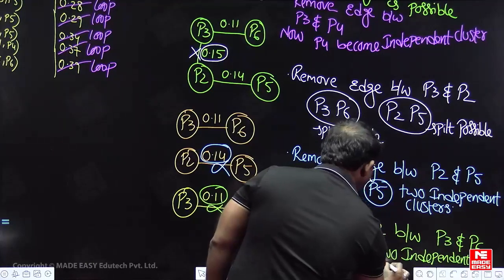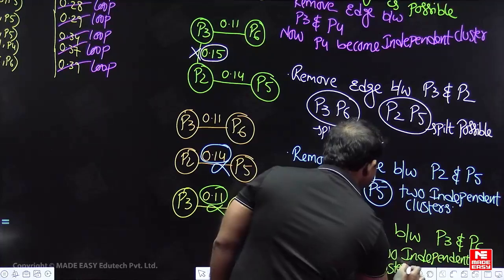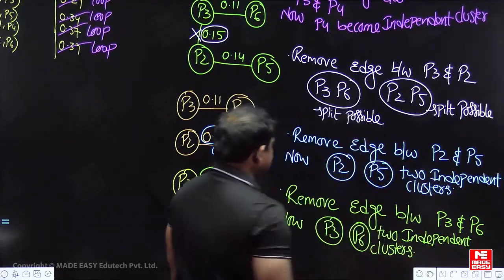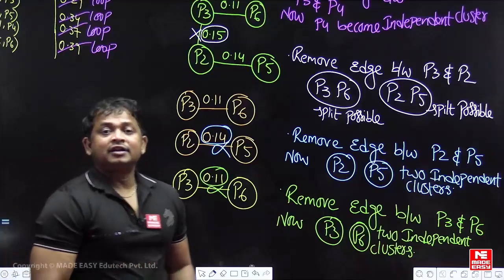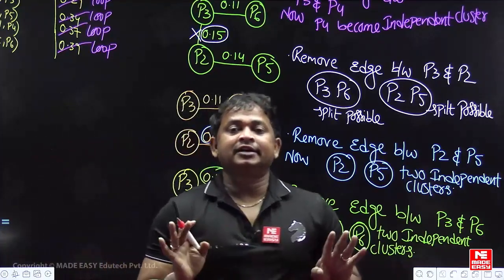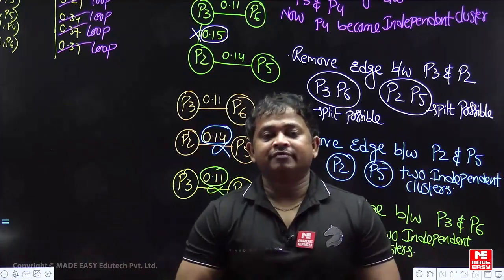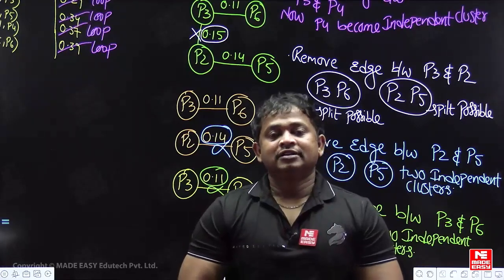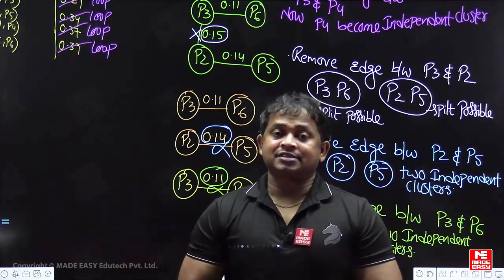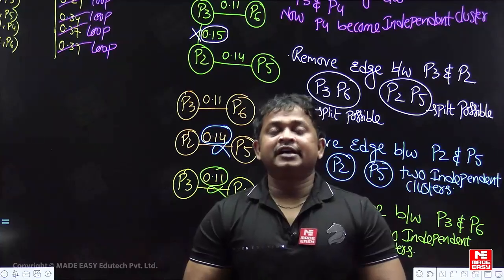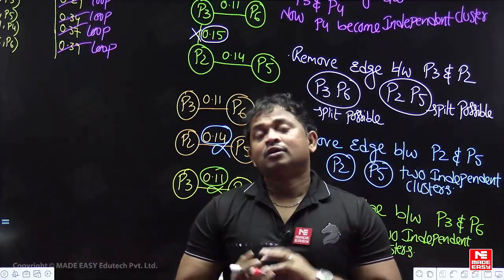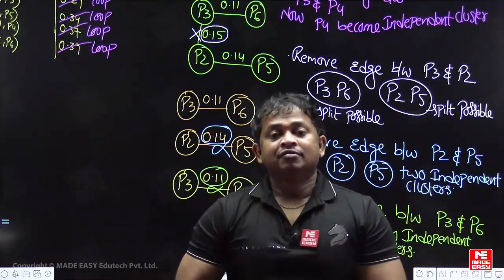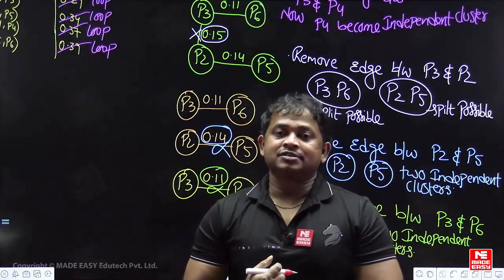When we have all independent clusters, then we can stop the process. In the total minimum spanning tree, all edges are removed. When all edges are removed, it means we have full-fledged independent clusters with independent data points. So the major cluster will be splitting into further clusters.